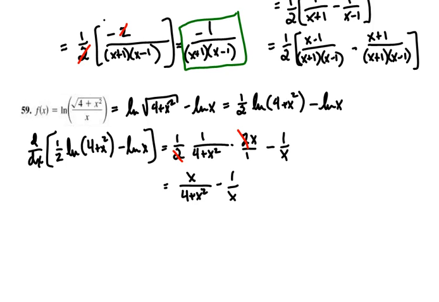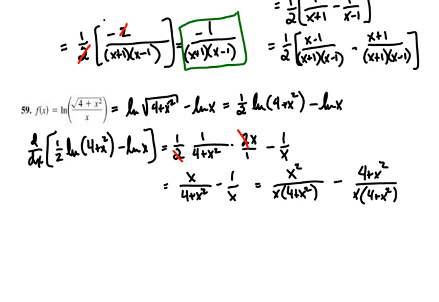So in this case, I'm going to take the first term and multiply it top and bottom by x, and the second term multiply it top and bottom by 4 plus x squared. So the first term will give me x squared over x times 4 plus x squared. And the second term will give me minus 4 plus x squared over x times 4 plus x squared.